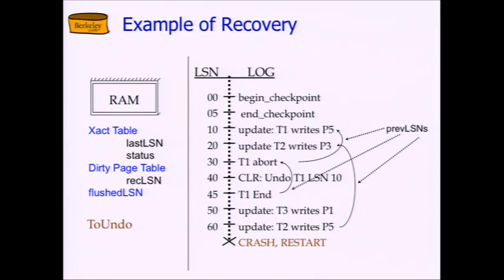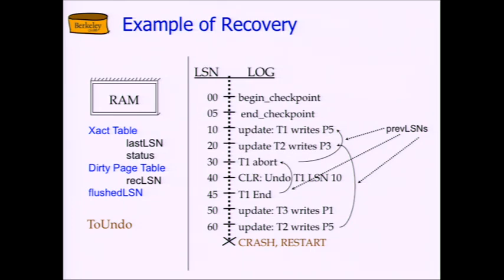Awesome. What about the DPT? Remember, this is undoing LSN 10, so it's writing to P5. Do we change something in the DPT? No. Good answer, because the rec LSN reflects that first change we made when we brought it off the disk. It doesn't change when we change it again if it stayed in memory. Okay, so no change to the dirty page table.